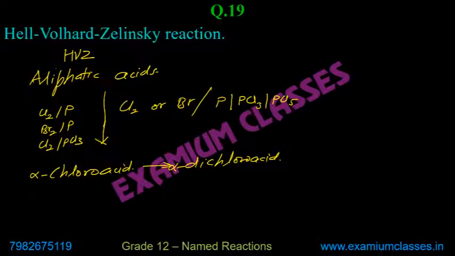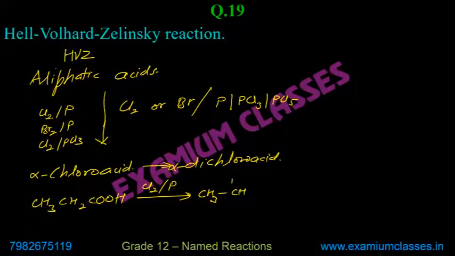Okay. So take any acid, say I'll take propanoic acid, not acetic acid, because there will be only one carbon attached to the COOH group. So let's take propanoic acid and get it reacted with chlorine in presence of phosphorus. So this reaction will happen in two steps. Okay. So first, CH3CHCl, chlorine will get attached on alpha carbon. This is alpha carbon.